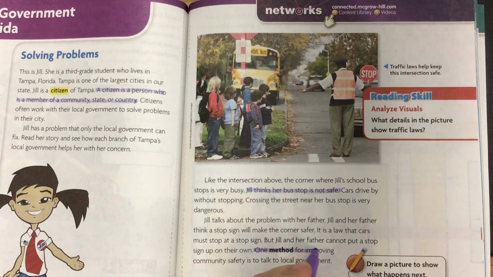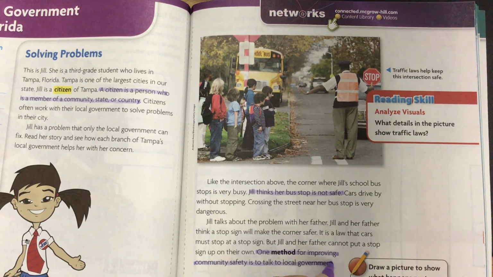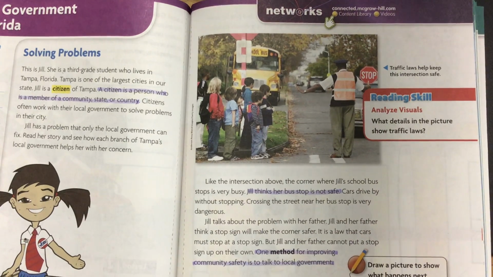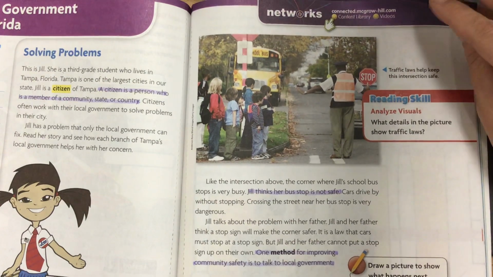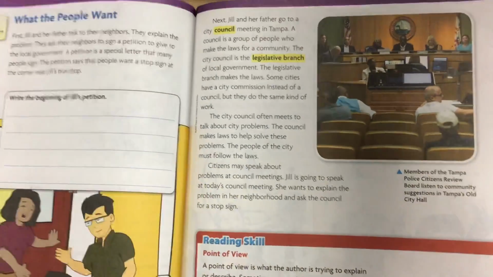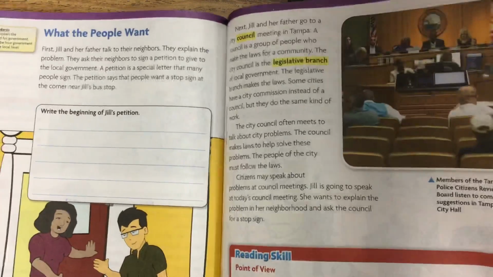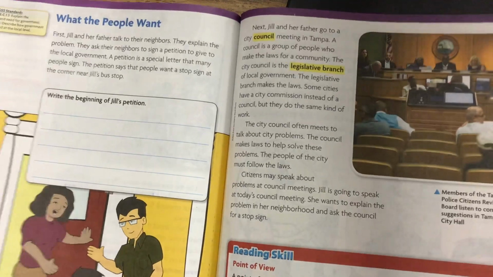The word method is another word for a way. So one way for improving community safety is to talk to the local government. Next section, we're going to come back to this down here. So just hold on to that and we'll come back.